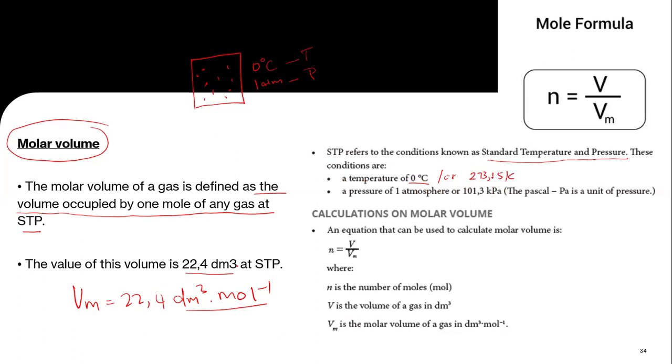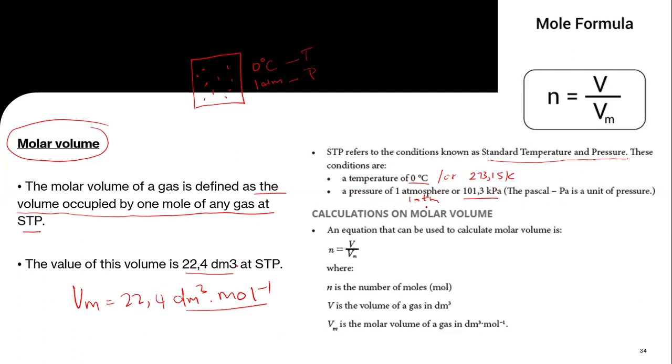This is the standard temperature in Kelvin, meaning 0 degrees is the same as 273.15 Kelvin. The standard pressure is 1 atmosphere, 1 atm. For the units of pressure, we can also use kilopascals, or if you don't want to use kilopascals, you can use pascals.